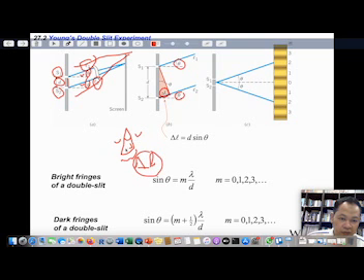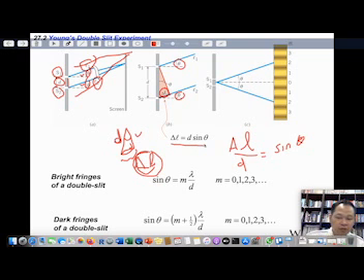You have delta L here and you have D here, so delta L over D, how do you call it? Sine theta. So it means delta L is equivalent to D sin theta. Okay, so now you have a very simple formula.